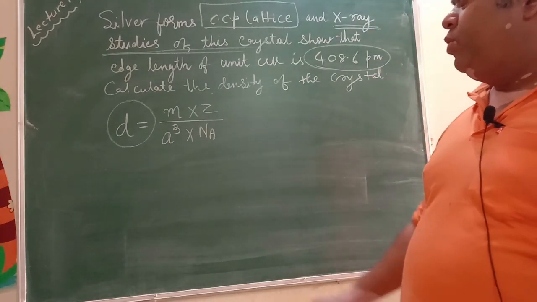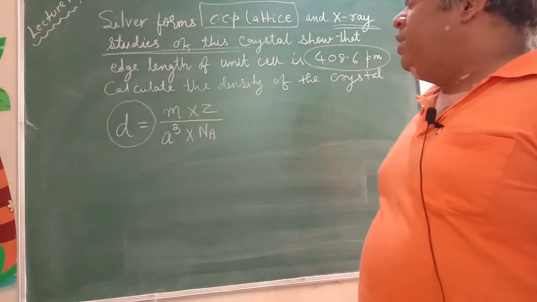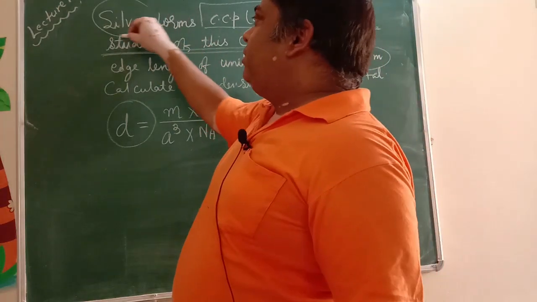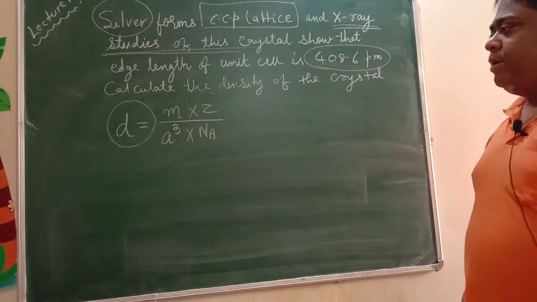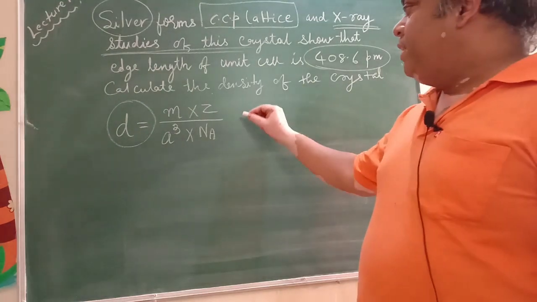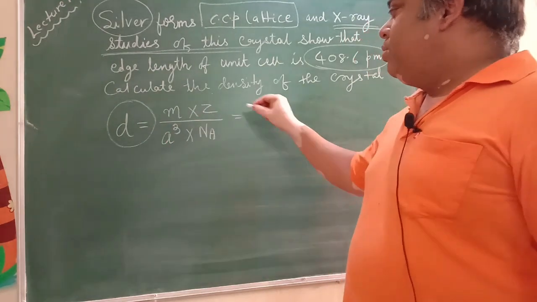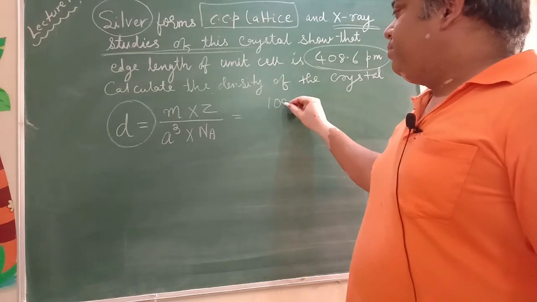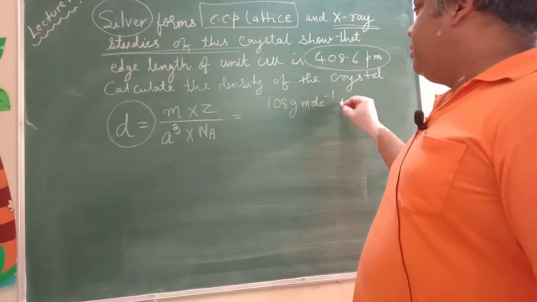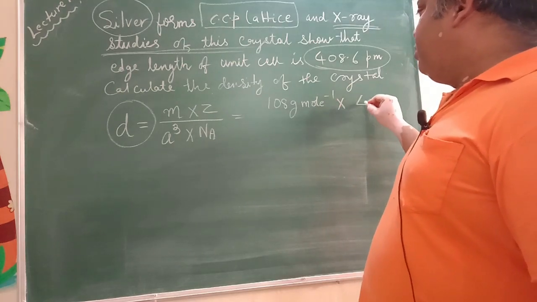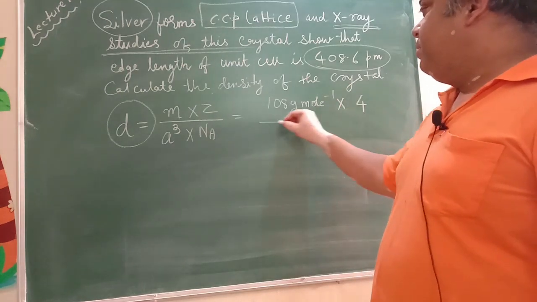It is assumed that we know the molar mass of the silver. Alright. So molar mass of the silver is 108 gram per mole. So we'll put the value, density only we have to find out. This will be 108 gram per mole into Z, which will be equal to 4, because it is FCC.